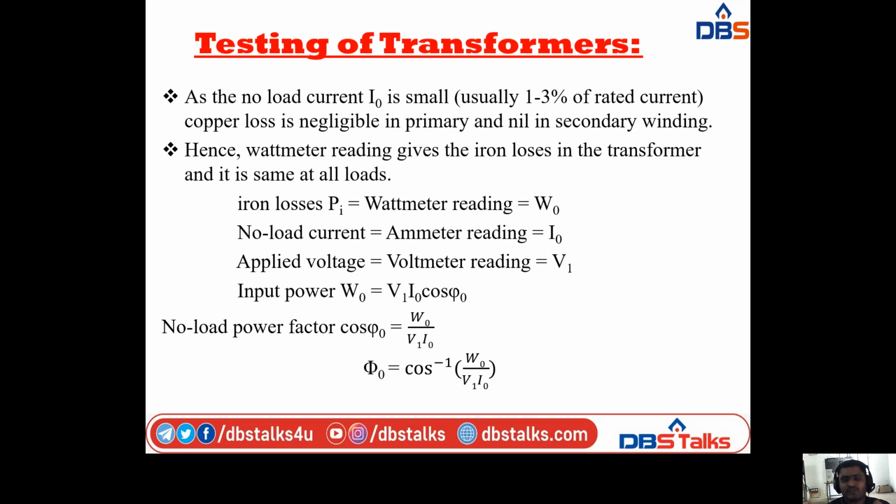The no load power factor, cos phi naught, is equal to W naught by V1 into I naught, taken from the input power, and phi naught is equal to cos inverse of W naught by V1 into I naught.